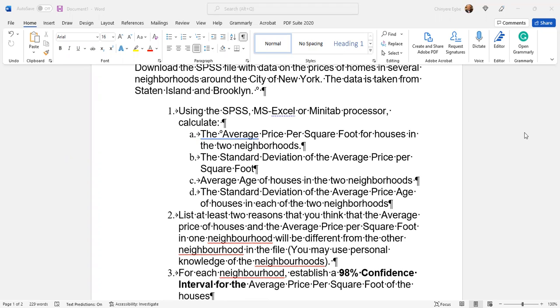Well, the lectures that you have in chapter 7 and in chapter 9 of the book teach you how to do a confidence interval. But let's go through it again.